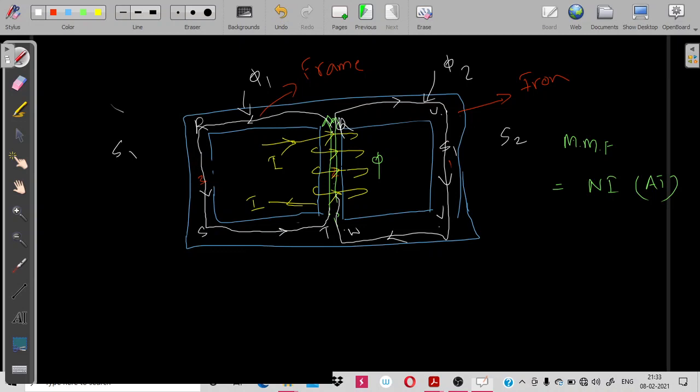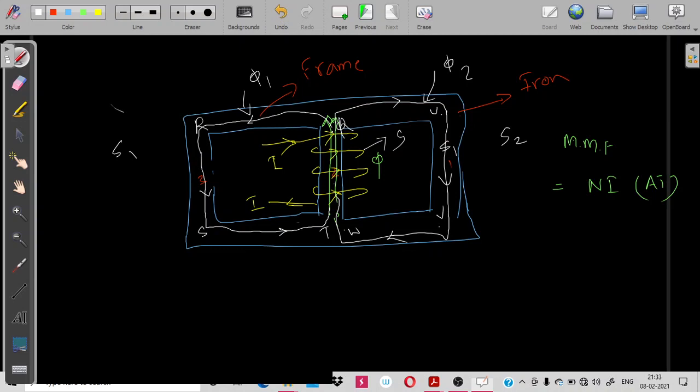That reluctance I am naming as S reluctance. So our model will be like this.